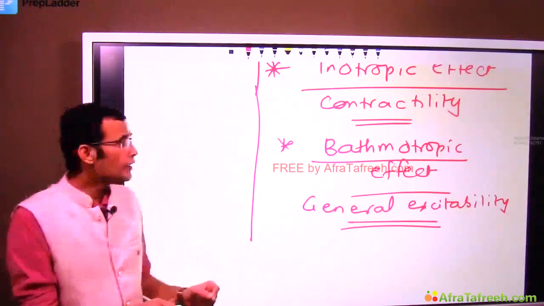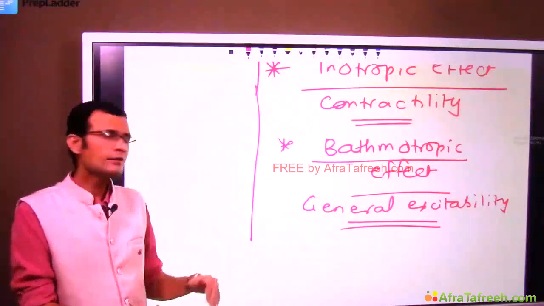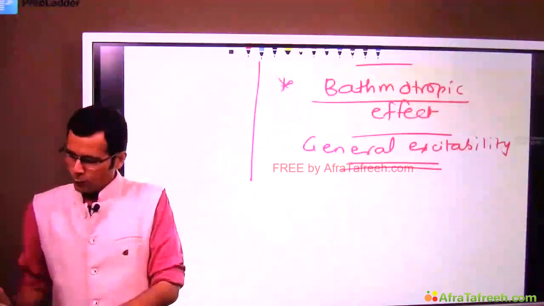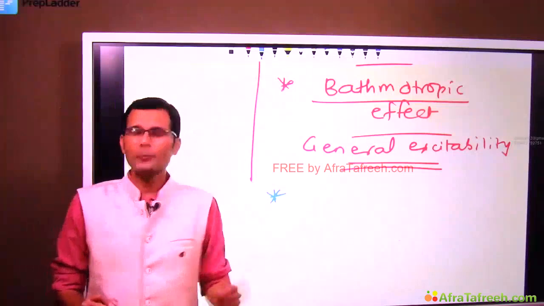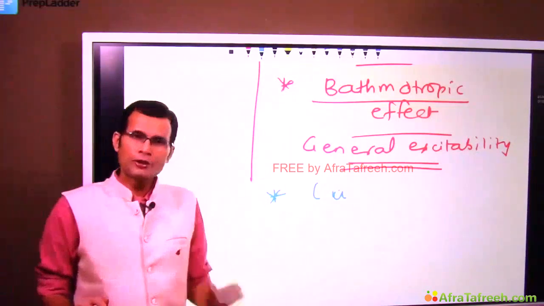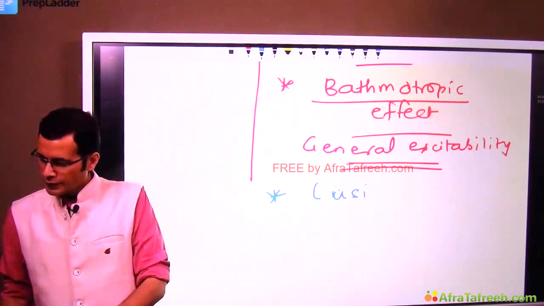Sympathetic nerves have a positive bathmotropic effect, vagus has a negative bathmotropic effect. Well, there is one more, and that is lusitropic effect. I have seen different spellings for this. Some people write it as lusitropy.